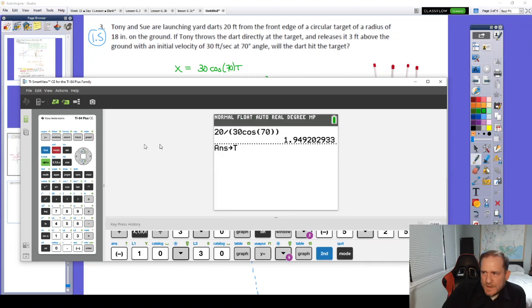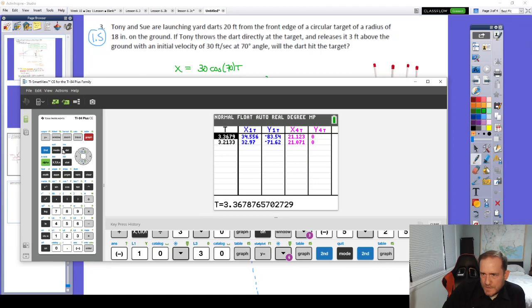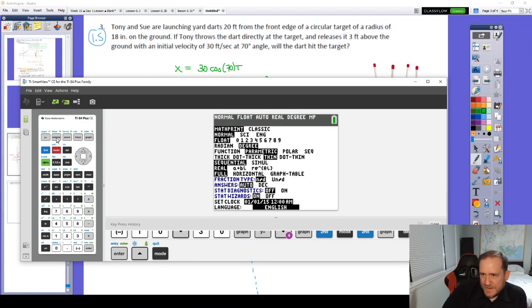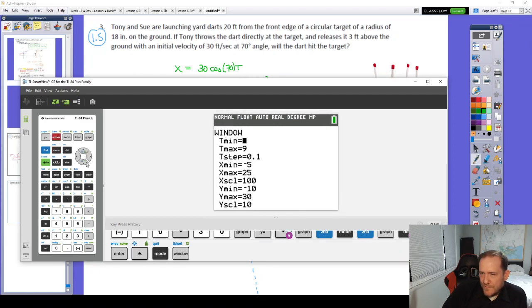So now what? I already calculated our t value, which means I can go into my table, delete these old ones, I guess, enter my t value, and oh no, I forgot. The t gets overwritten when you graph. When you hit graph, all those t values come from the t that we plugged in. We varied t from 0 to 9 by 0.1.